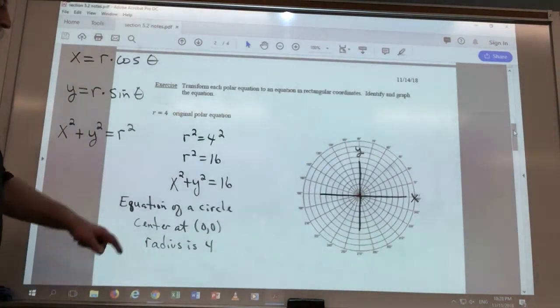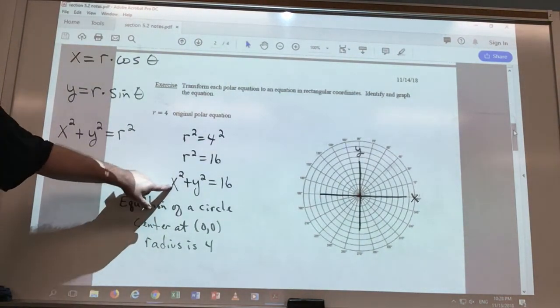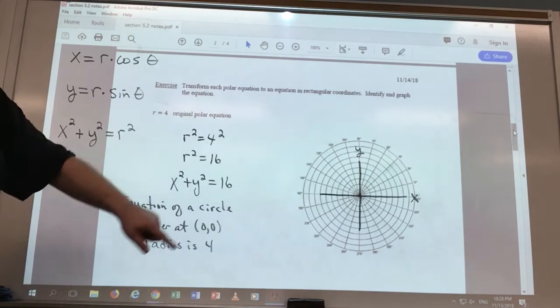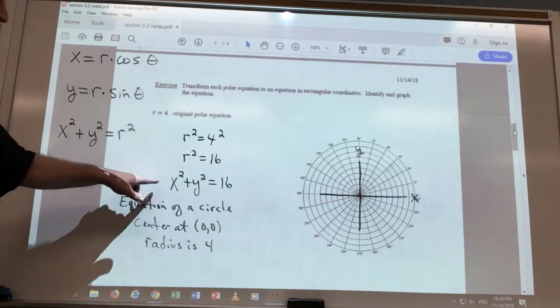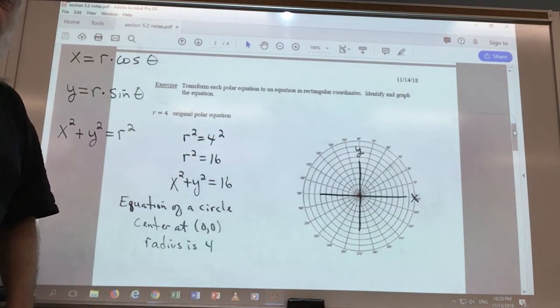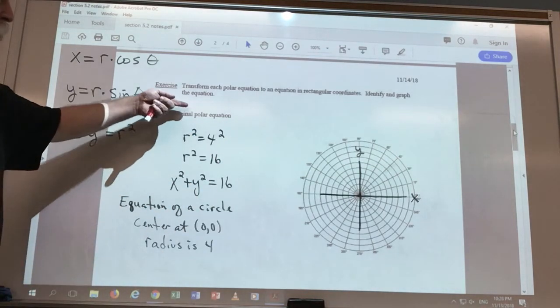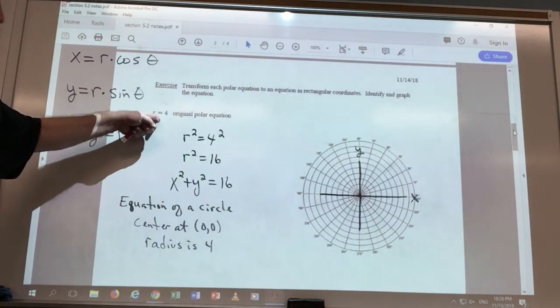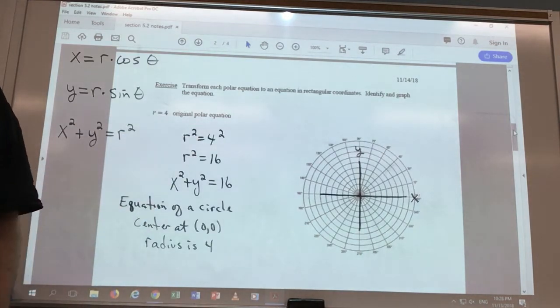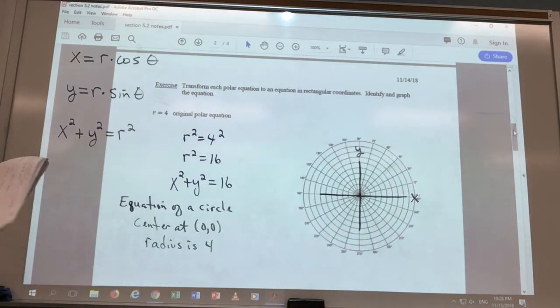And so we graph this circle in the coordinate plane, and then we erase the x and y-axis, and then we know what this polar equation looks like on a polar grid.